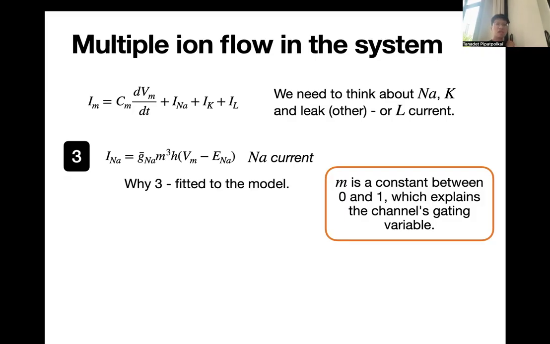It is 3 because you require 3 domains, sorry, not subunits, domains, to be activated to be open. You only need 3 domains to be activated for the voltage-gated sodium channel to be open.